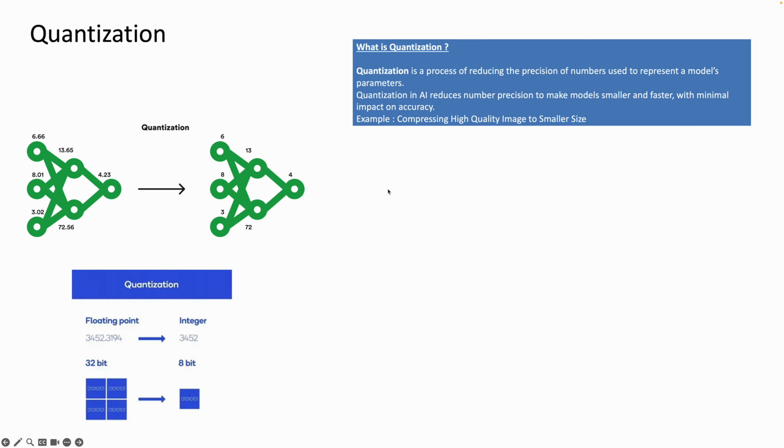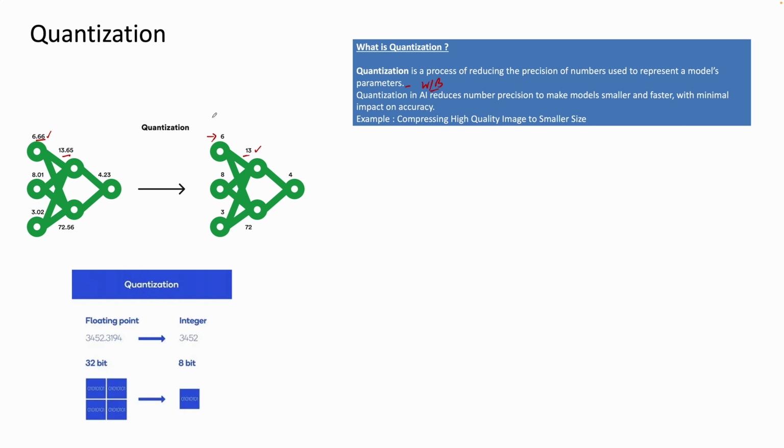So, quantization is a process of reducing the precision of numbers used to represent a model's parameters, right? Now, I think we studied at length what are these model parameters. By now, I think you can easily state that these model parameters are nothing but the weights and biases. So what quantization says is that instead of storing a floating point number as 6.66, why don't you store it as 6? Instead of storing a number like 13.65, why don't you store it as 13?